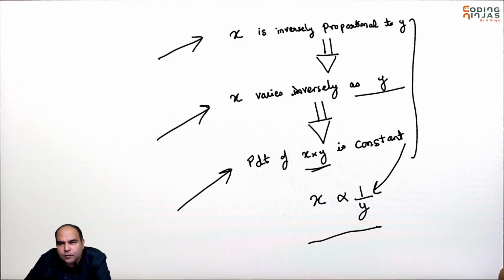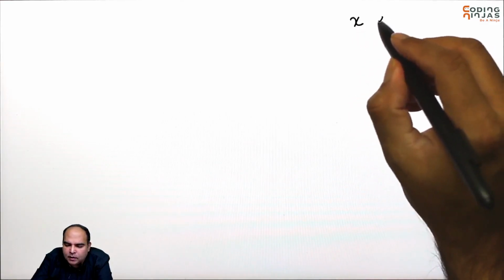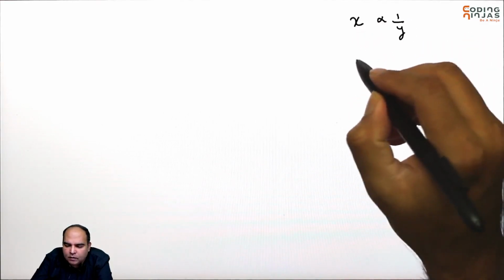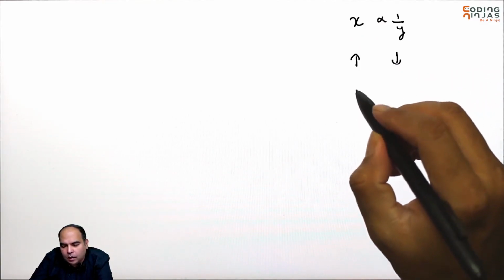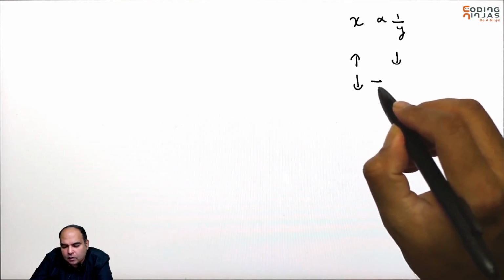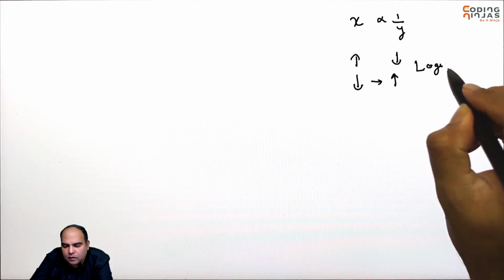So when you're talking about x varies as 1 by y, again, logically it means that if x is increasing, y is decreasing. If x is decreasing, y would be increasing. This is the logical meaning of this.